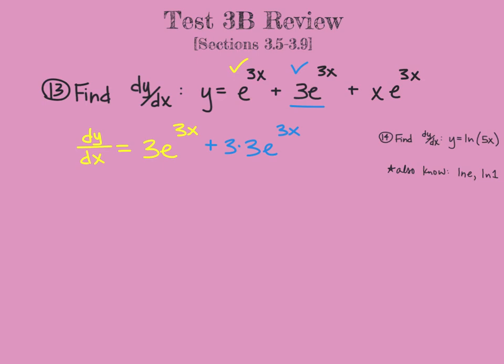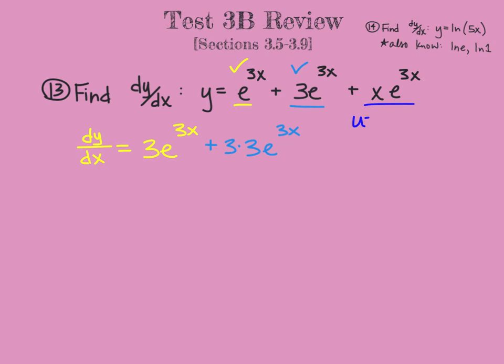Then our last term is a product, so we need to use the product rule. Our u is x, and our v is e to the 3x. u prime is 1, and v prime is 3e to the 3x.